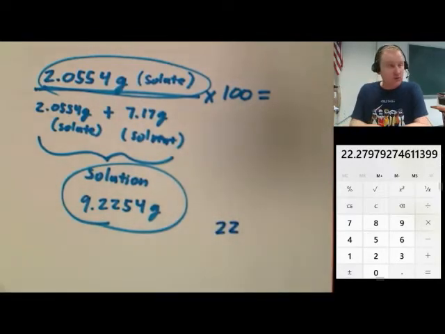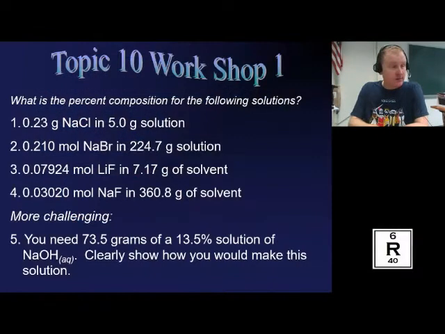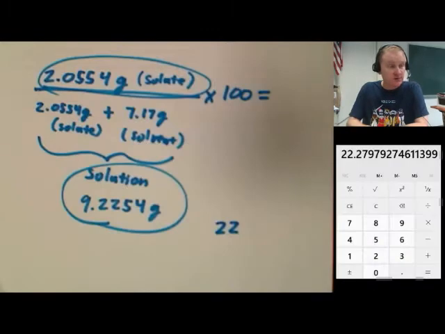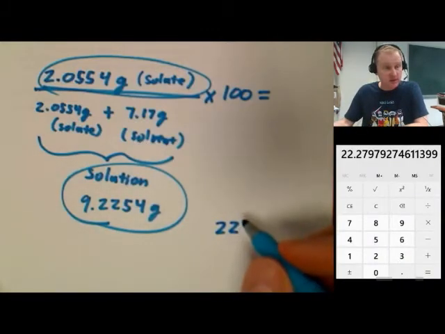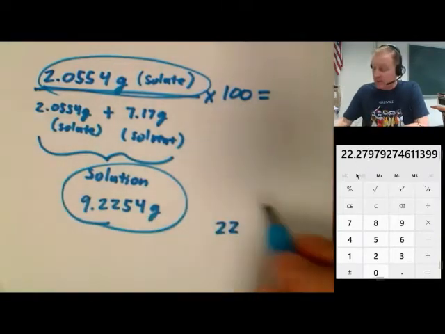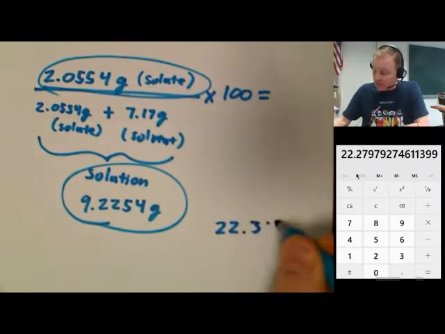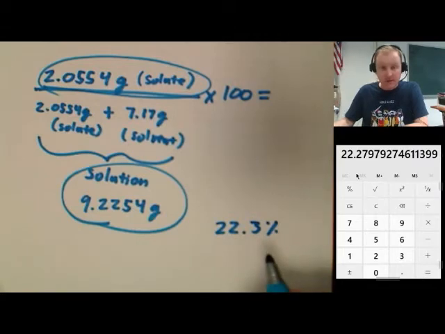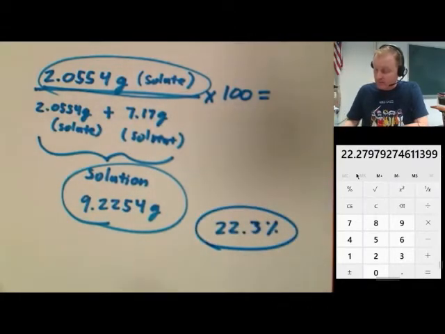In my original question, I had 3 significant figures. There's 4 in this number, but there's 3 in this one. So I'm going to make sure I answer it with 3 significant figures. So 22, and our calculator says this number over here. So I'm going to round the 3 up, 22.3%. That is the percent concentration for number 3.